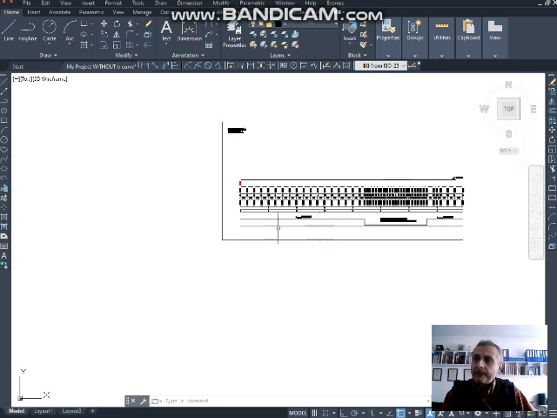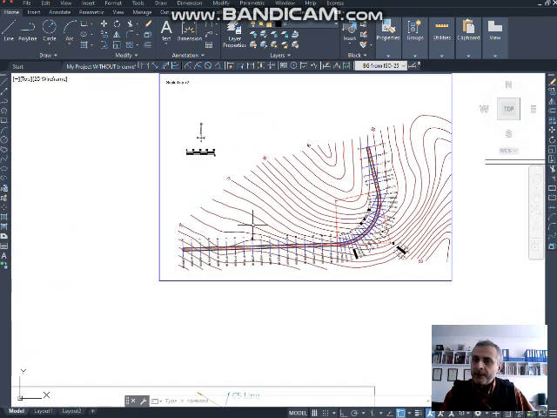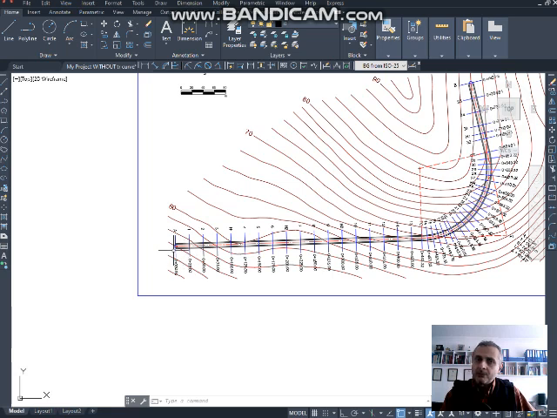For example, in my project, let's go back to the plan view again. Starting from A, which is on my left hand side, going to B, which is on my right hand side, I look from left to right in the direction of increasing stations. So from A to B, I have an anti-clockwise rotating horizontal curve in the bird's eye view. So my curve is turning to the left.